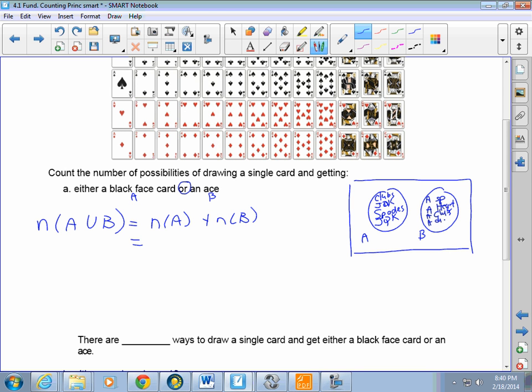So what do you have here? Your number in A, we have 1, 2, 3, 4, 5, 6. The number in set B, we have 4. So there are 10 ways that you can draw a single card and get either a black face card or an ace.